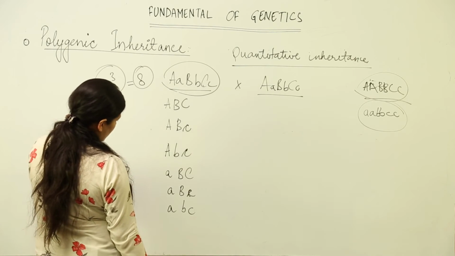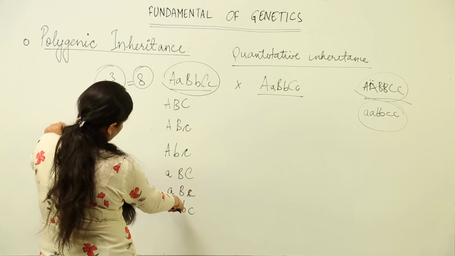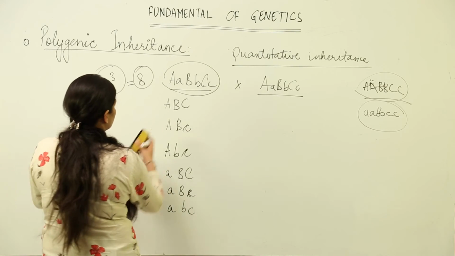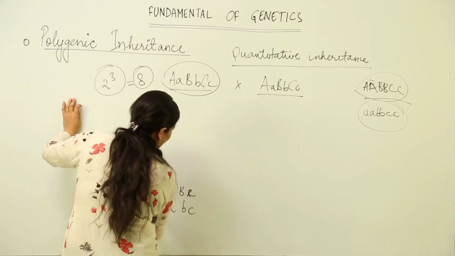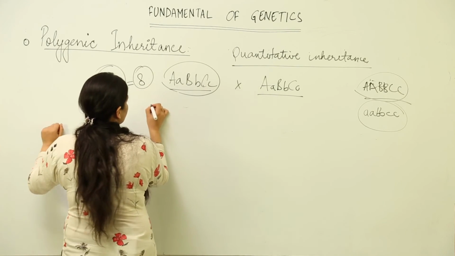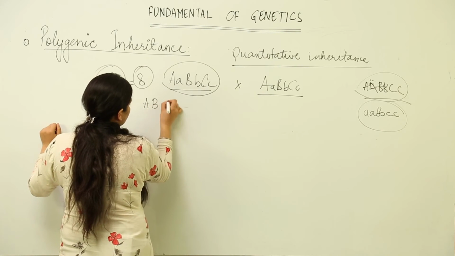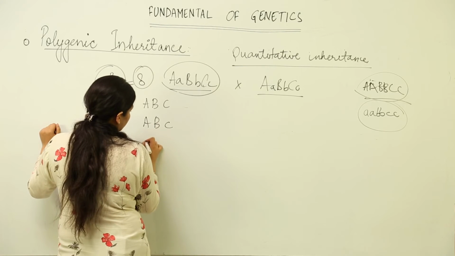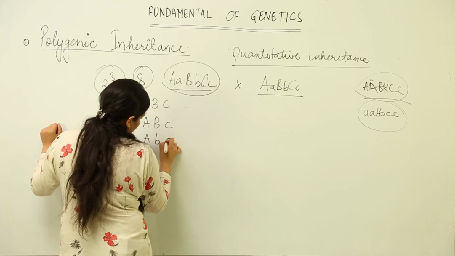Now we have got 3 for capital B. I'm getting a little bit confused myself. I'll help you out how you make it. It would be like this, 1. Other one would be like this. Third one would be like this.